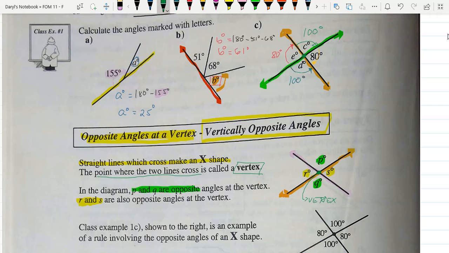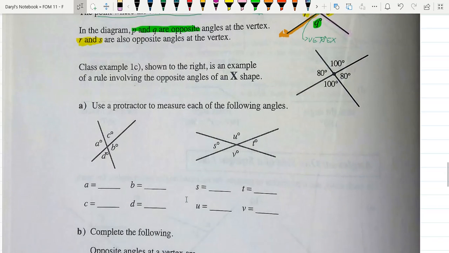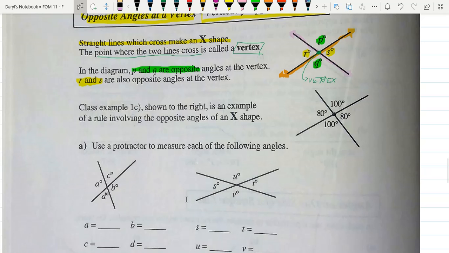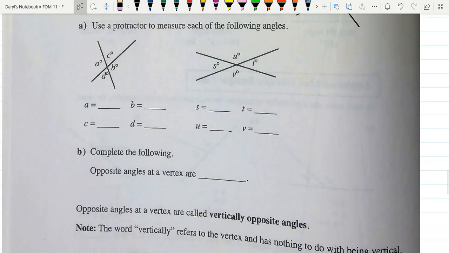And if you can observe, this angle here is the same as the angle above, as well as the angle at the side is equivalent to the angle at the other side. So if you have vertically opposite angles, they're always equal.